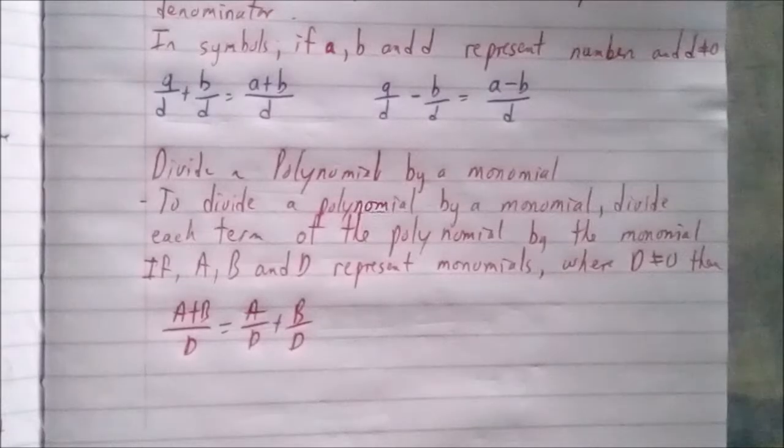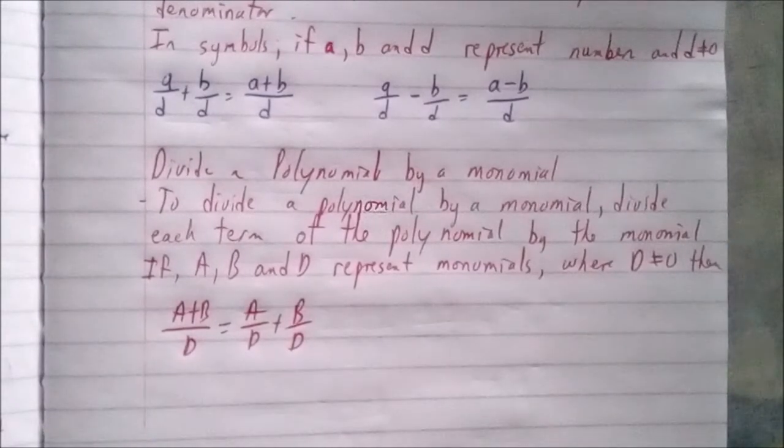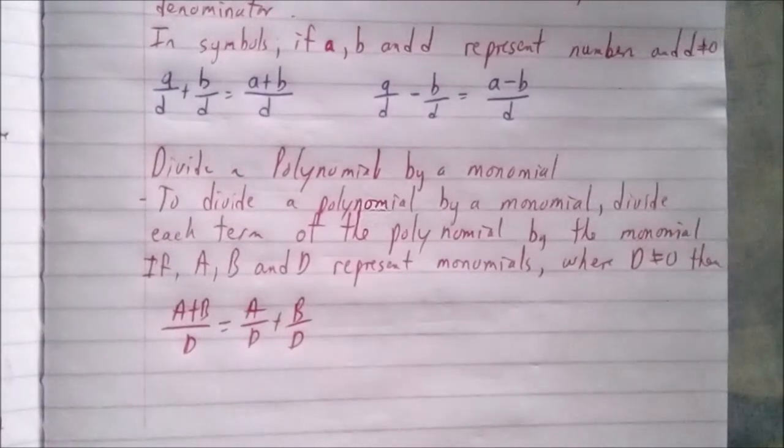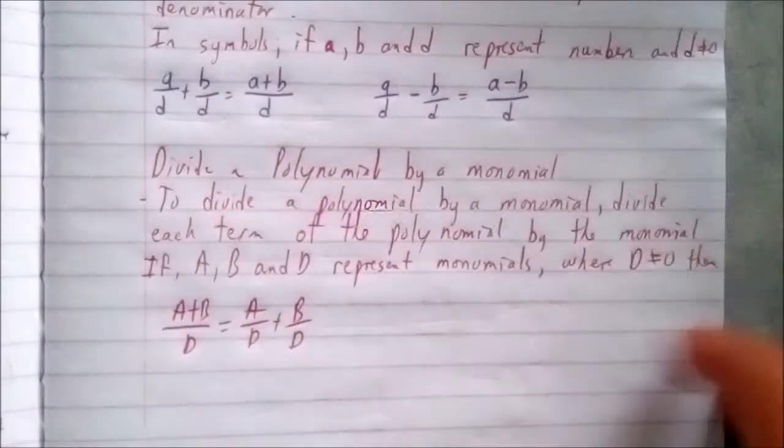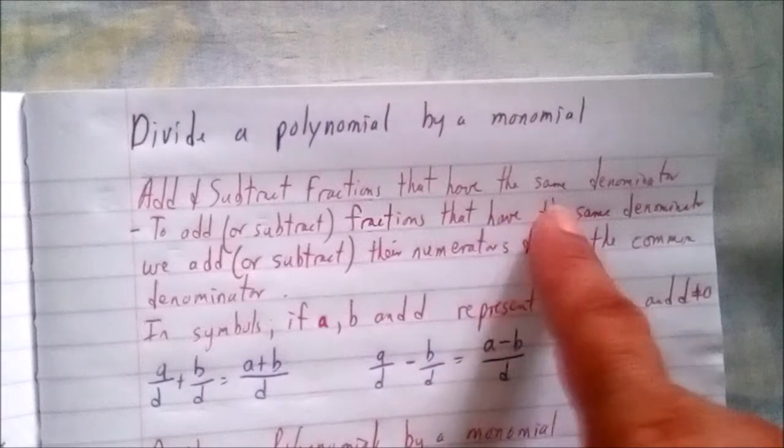That's all that is saying there. So that is just a recall of those two basic rules. Now we're going to take some examples with numbers and variables. Once we have that understanding, we can divide a polynomial by a monomial and add and subtract fractions that have the same denominator.